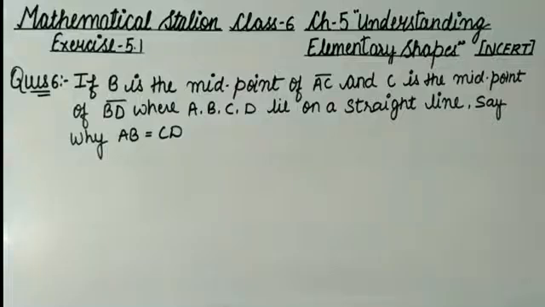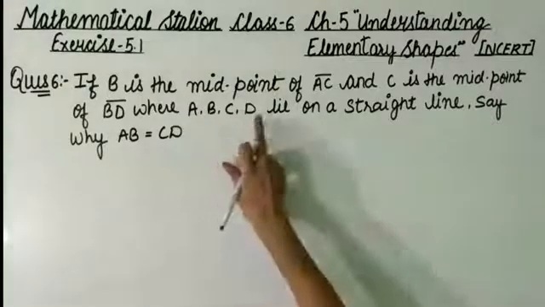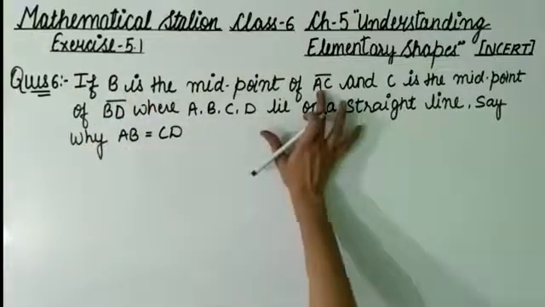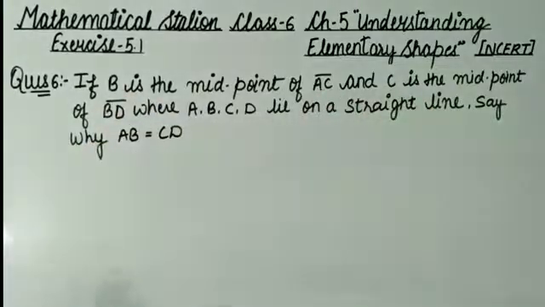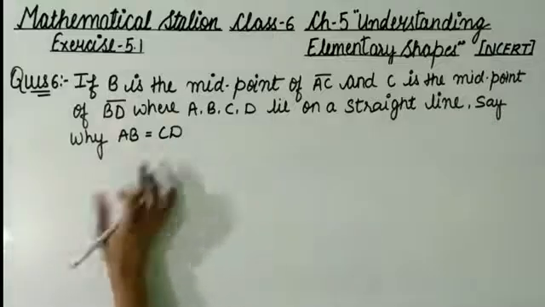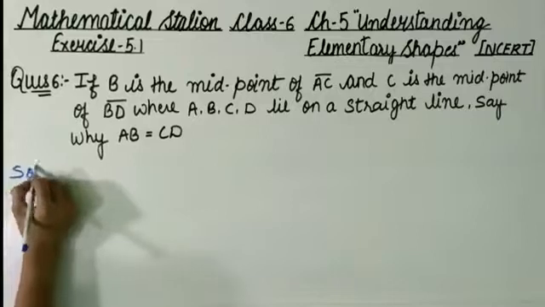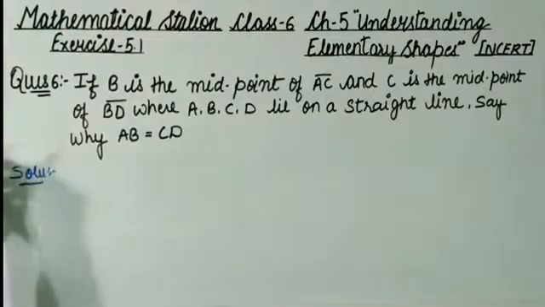Now student, here we have one straight line, and on that line A, B, C and D, these 4 points are marked. B is the midpoint of AC and C is the midpoint of BD. And we have to tell why AB is equal to CD.